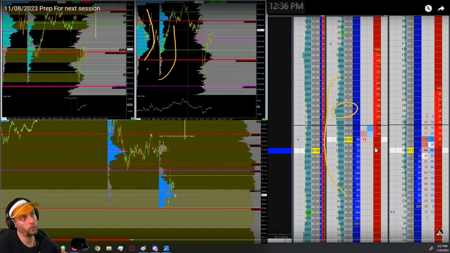Well, 90.25 is a high node. I really don't want to be short under that because that could keep pulling me in. Whereas NQ's in the most ideal spot, ES is not, and the profile for Russell is smack dab in the middle. So that's not good. This is good to go.